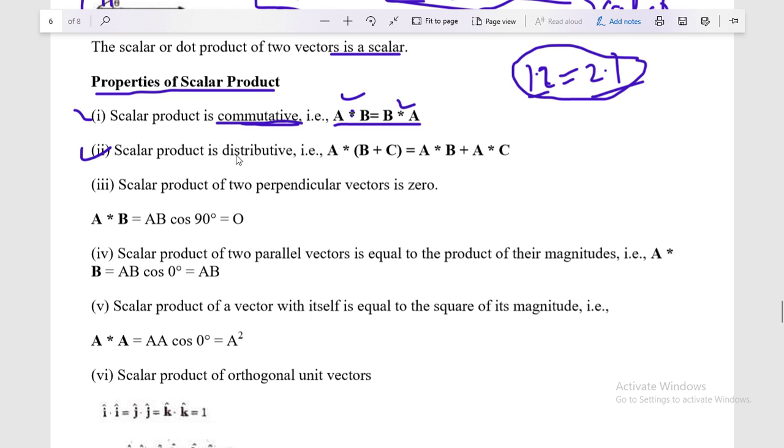Okay, now the second one is: scalar product is distributive. So students, I hope you know what the distributive law is. Suppose you write 2 in bracket 1 plus 3.